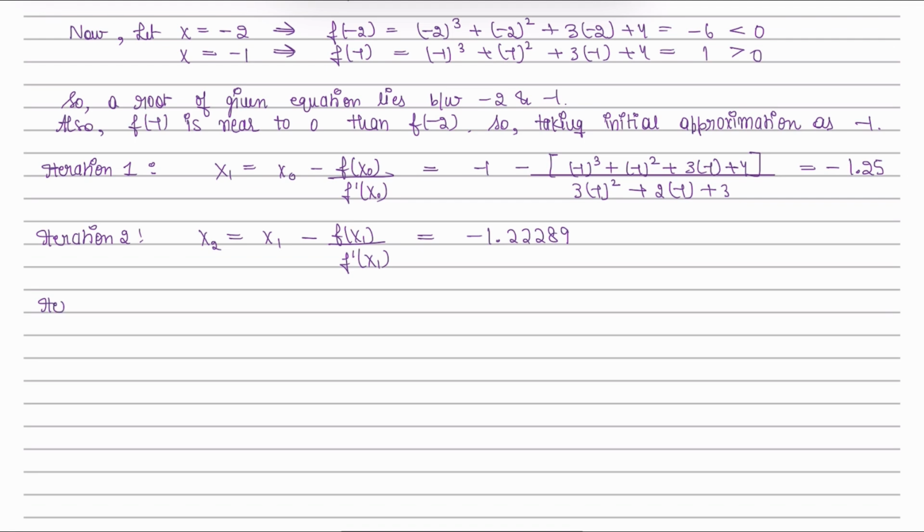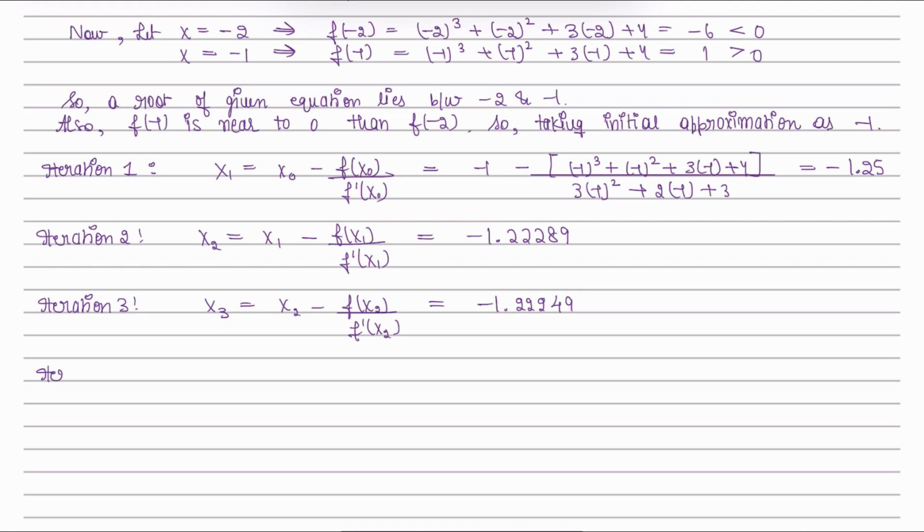For the third iteration, the value of x3 becomes x2 minus f of x2 upon f dash of x2, and its value becomes minus 1.22249.